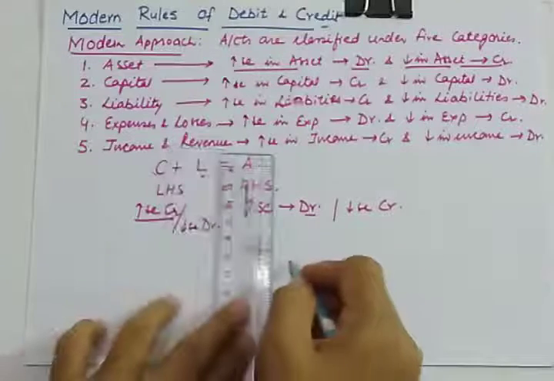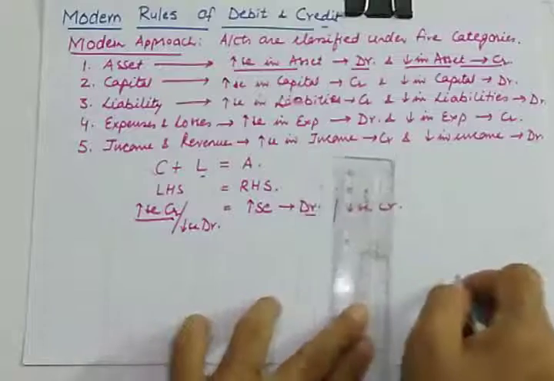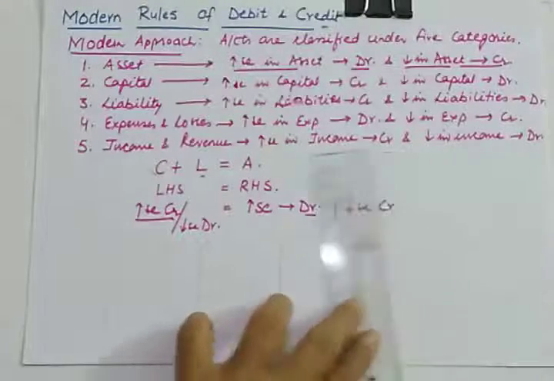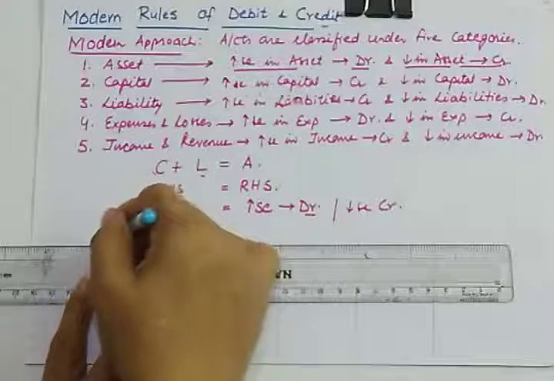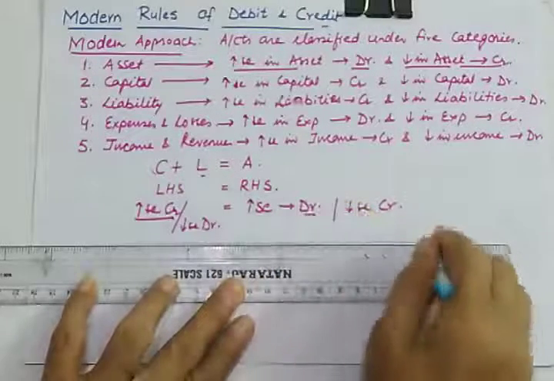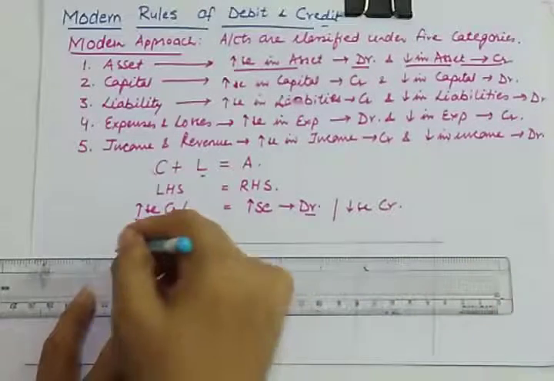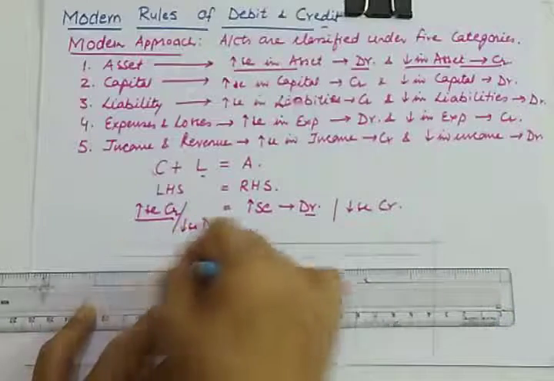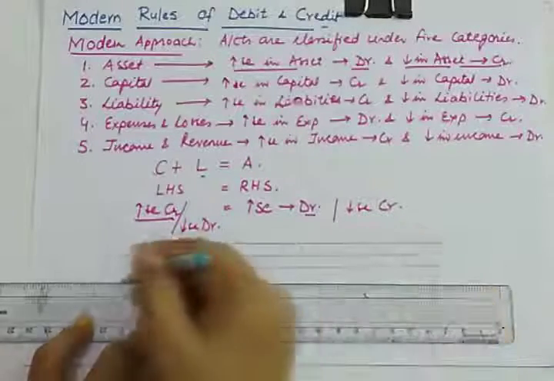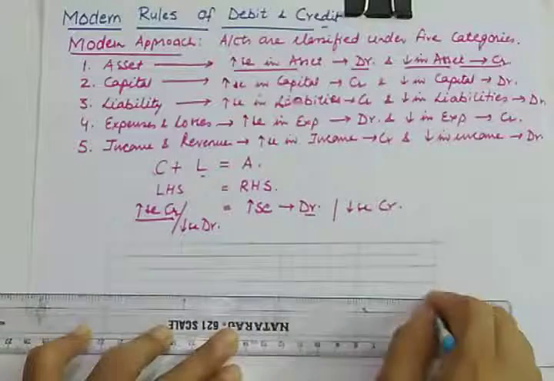So you can make 4 columns to study these rules, and remember the five categories, so I am making 5 rows.